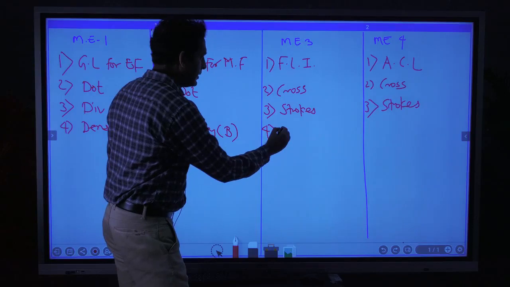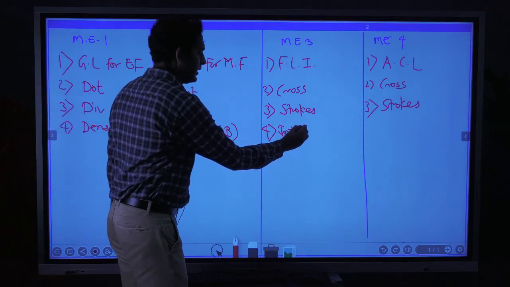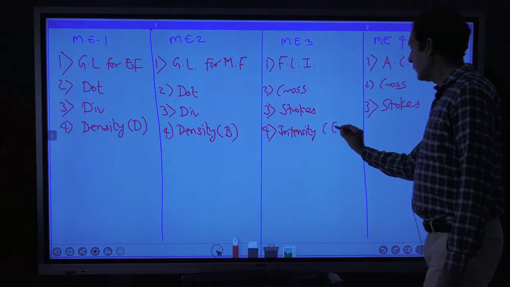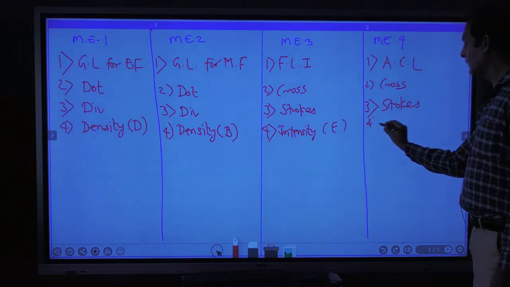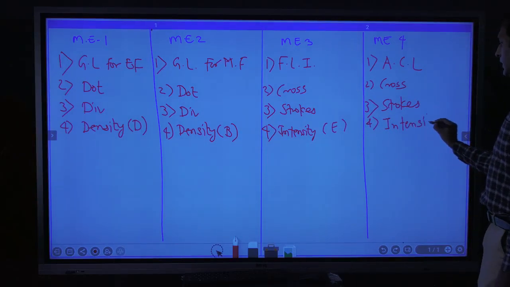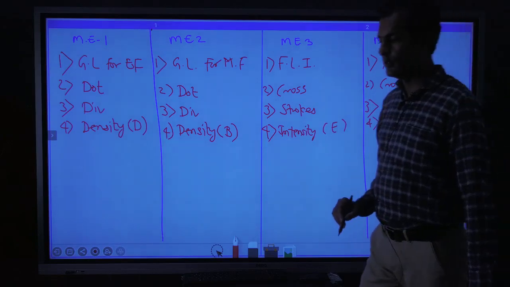This is the electric field intensity, that is E. This one is also an intensity, but which intensity? It is H, the magnetic field intensity.